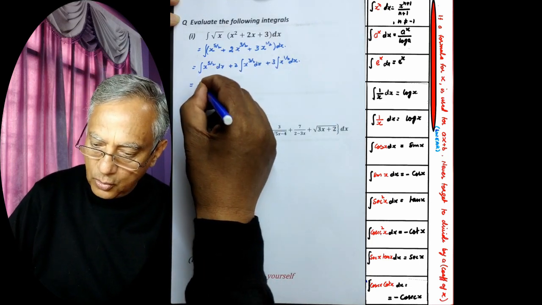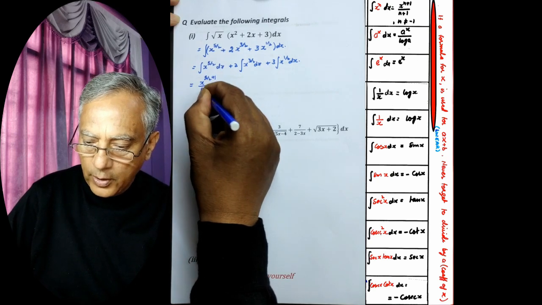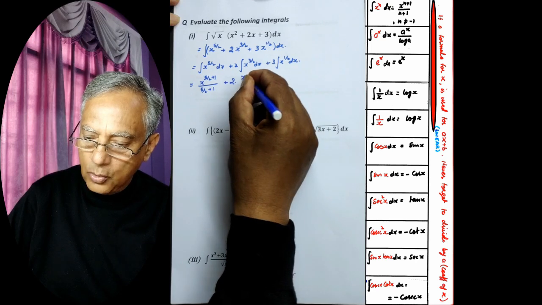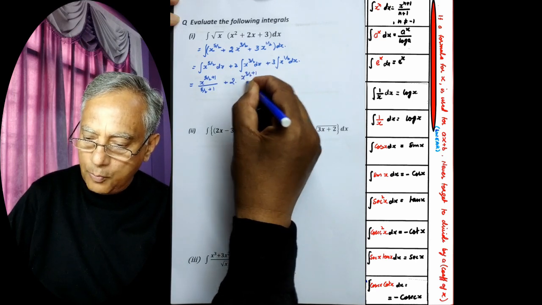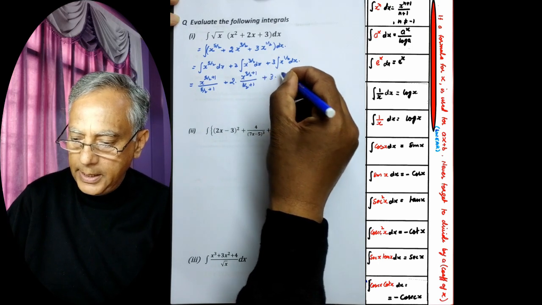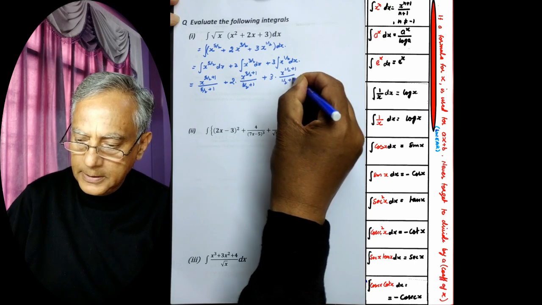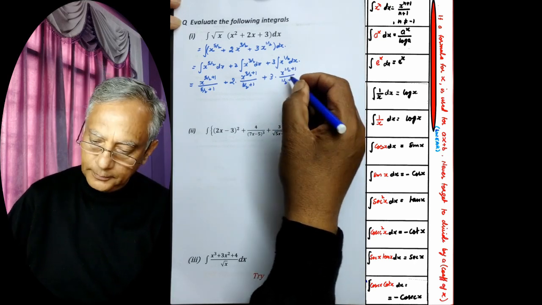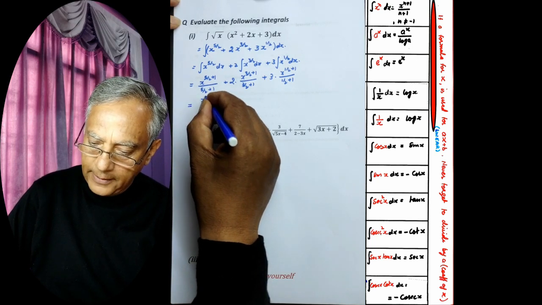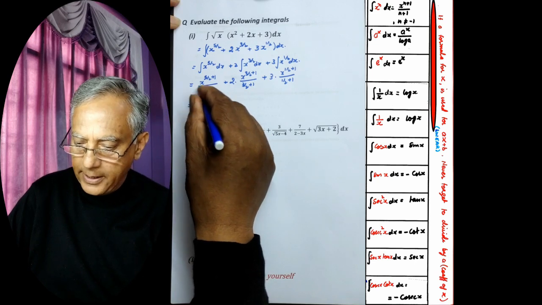So this is equal to x to the power of 5 by 2 plus 1 over 5 by 2 plus 1, plus 2 into x to the power of 3 by 2 plus 1 over 3 by 2 plus 1, plus 3 into x to the power of half plus 1 over half plus 1. And this is equal to x to the power of 7 by 2 divided by 7 by 2.